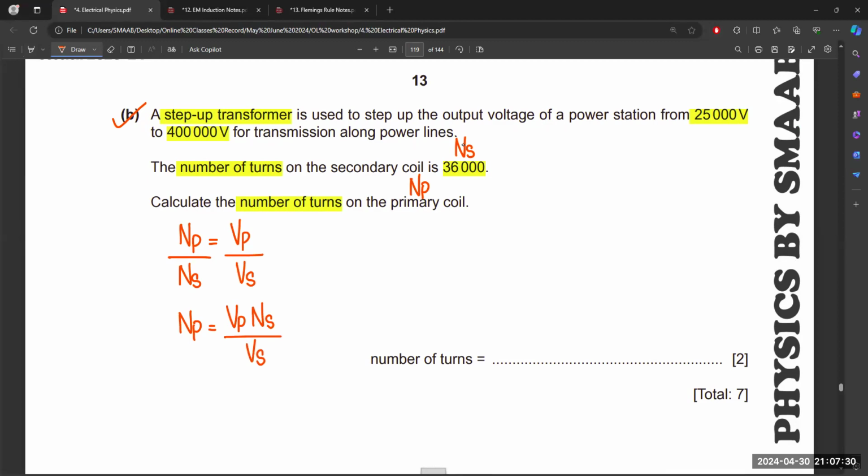Vp over Vs is equal to Np over Ns. So Np is equal to, this is primary voltage, this is secondary voltage, because this time we are using a step-up transformer, 25,000 multiplied by 36,000 divided by 400,000.